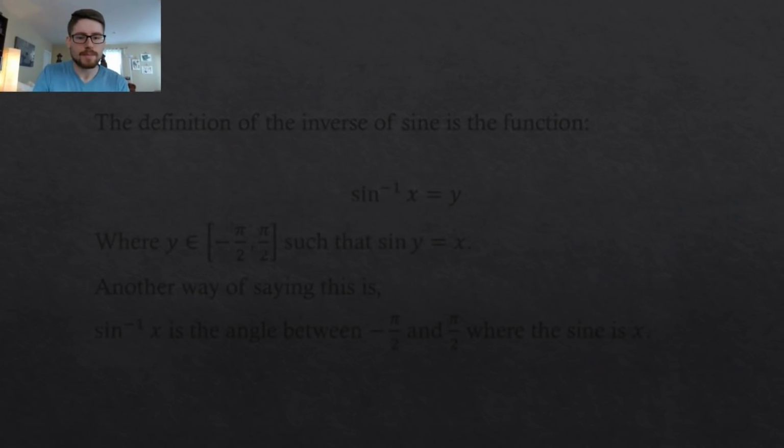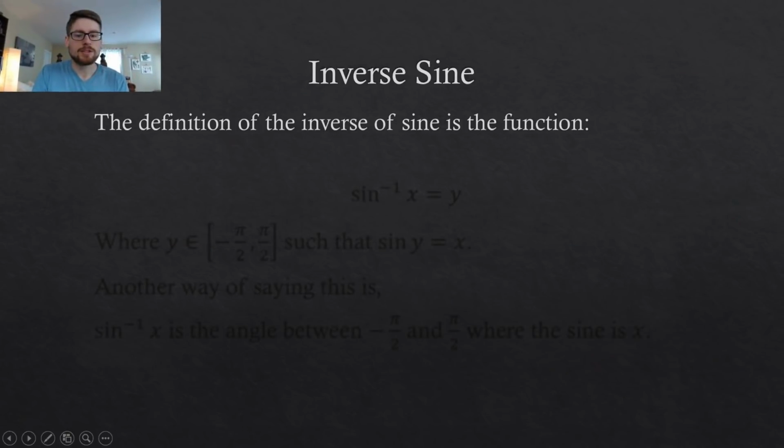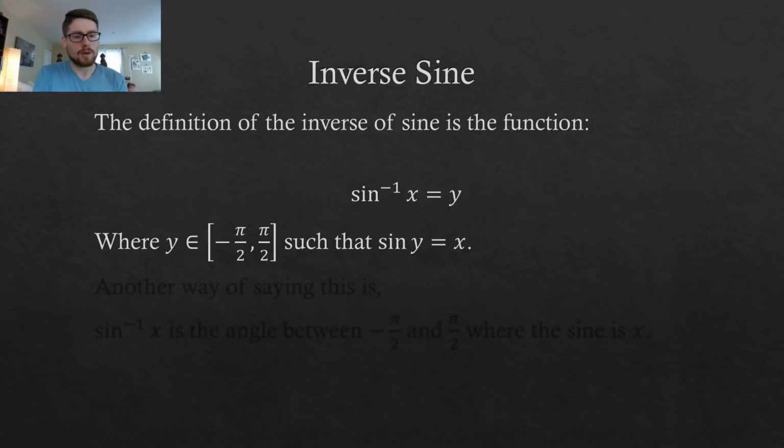Okay, let's look at the inverse sine. The definition of inverse sine is a similar kind of definition. It's defined in terms of sine of x, or actually sine of y. So we'd say sine inverse of x is equal to y, where y is the number between negative pi over 2 and pi over 2, such that the sine of y is x, okay?